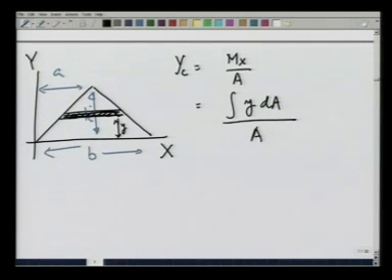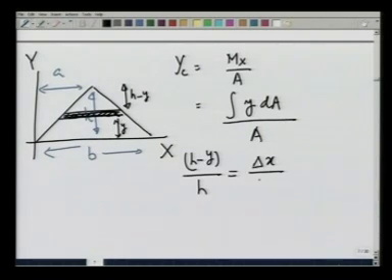You can see from similarity of triangles that I am going to have h minus y divided by h is equal to the width of this strip, which let me call delta x, divided by b, and therefore, delta x is equal to b times h minus y divided by h.